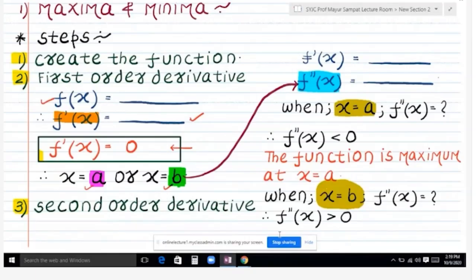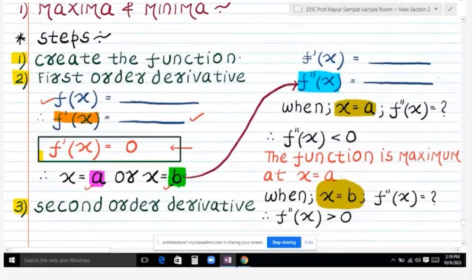Step number 3, find the second order derivative. The second order derivative is obtained by differentiating the first order derivative again. In that second order derivative, one by one, you have to substitute the values of x in f double dash x.